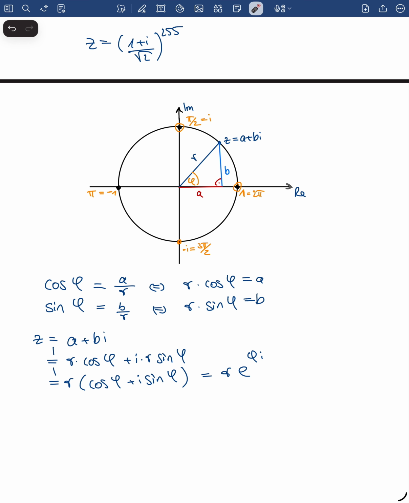Let's say we start at 1 here, then after 2 pi we end up here. If we go a quarter of this angle, we end up here. This is pi divided by 2, pi halves, which is equal to the imaginary number i.